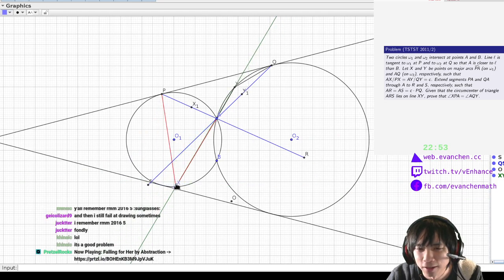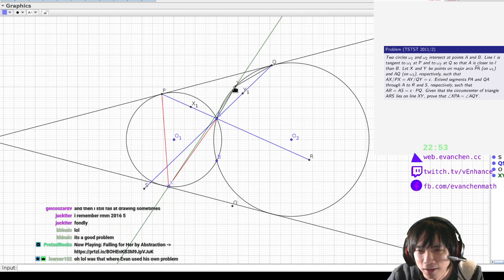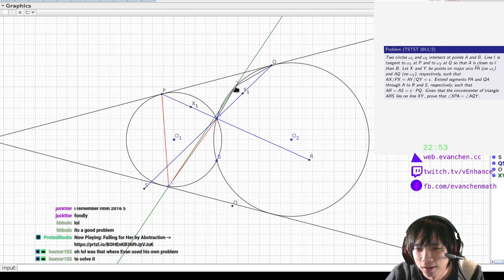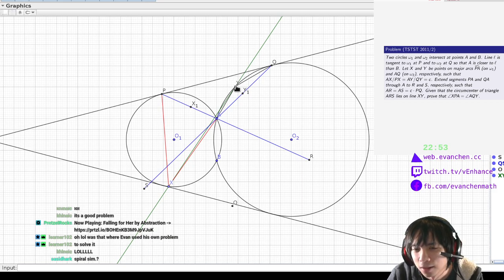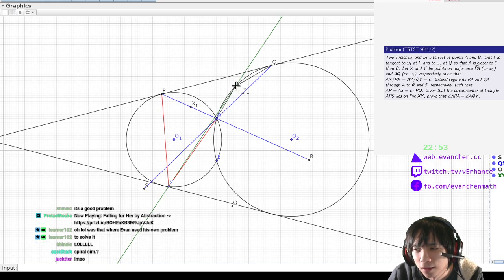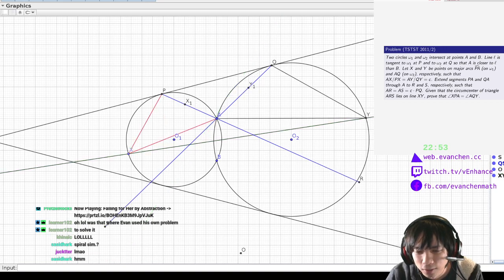God freaking. Why doesn't the intersection change when I... The heck?